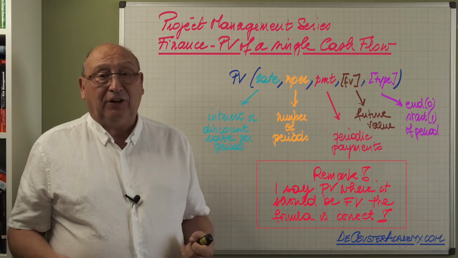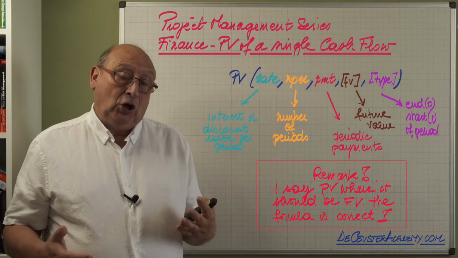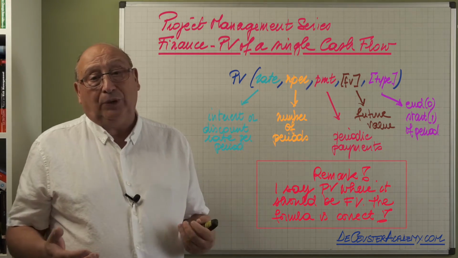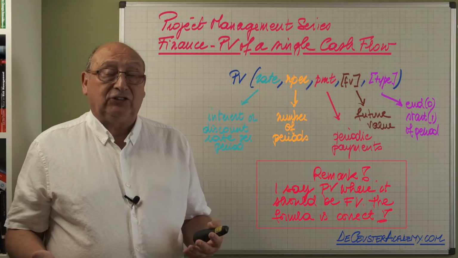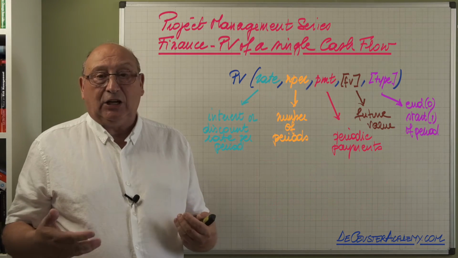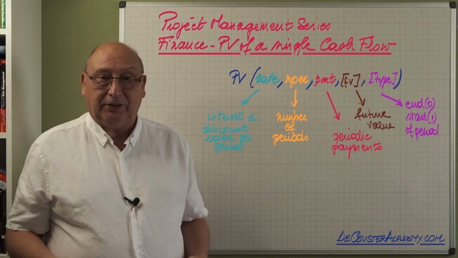FV is the future value. It's not a mandatory field, but in our case it will be the only field that we complete. And we consider these amounts at the end or the start of the period. Here we'll consider that we receive the money at the end of the period.